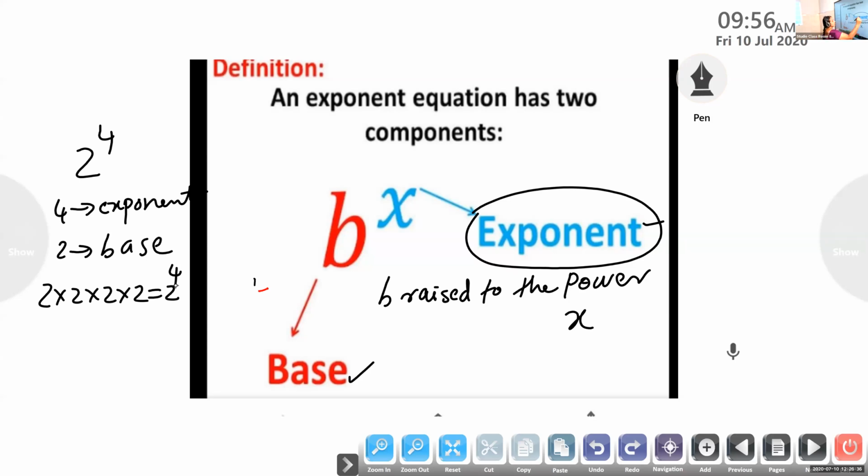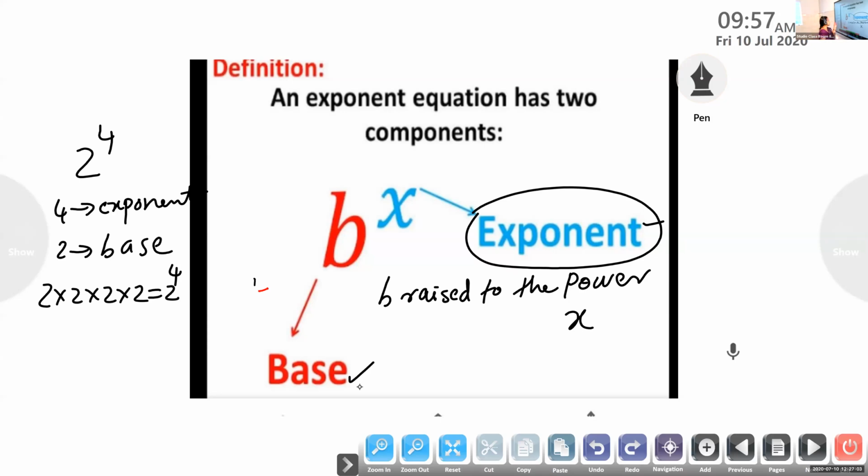So the exponent shows how many times a number is multiplied repeatedly. See here, in 2 raised to 4, 4 shows that 2 is multiplied 4 times.